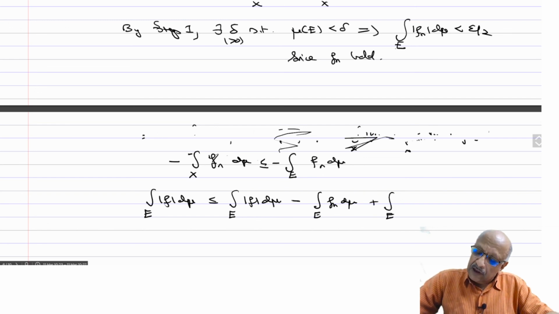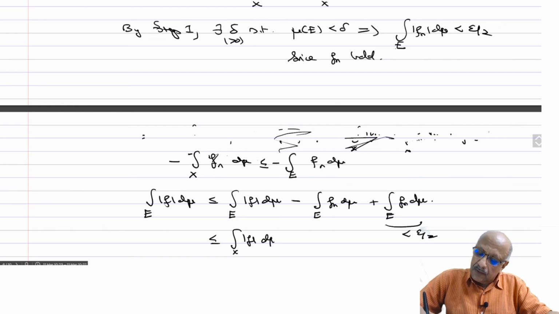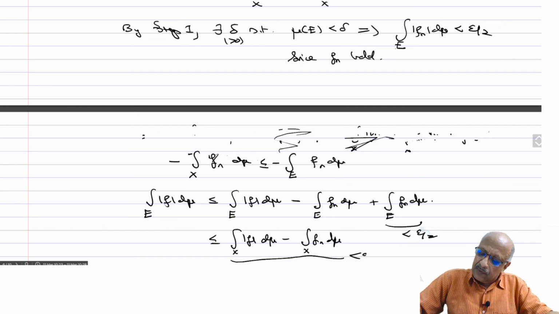Okay, now this is less than epsilon by 2, and this is less than or equal to the integral over X of mod f d mu minus the integral over X of f_n d mu, and therefore this is less than epsilon by 2, and therefore you have less than epsilon.